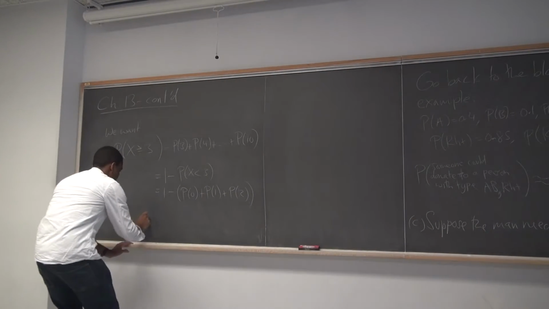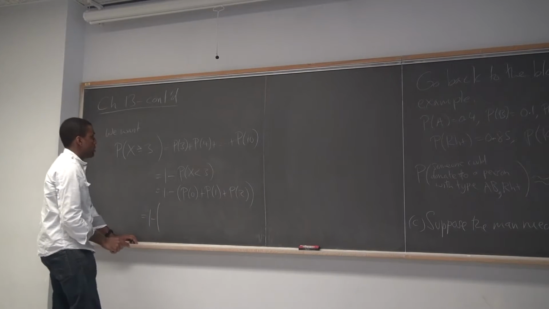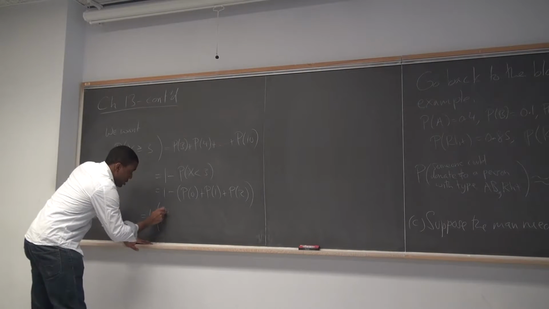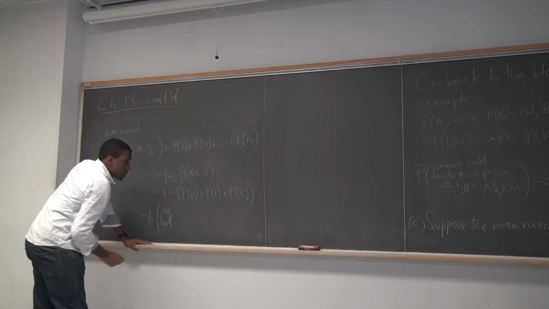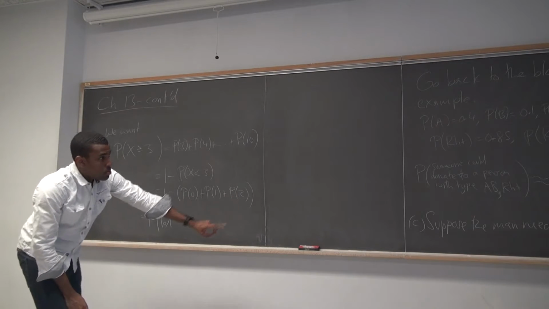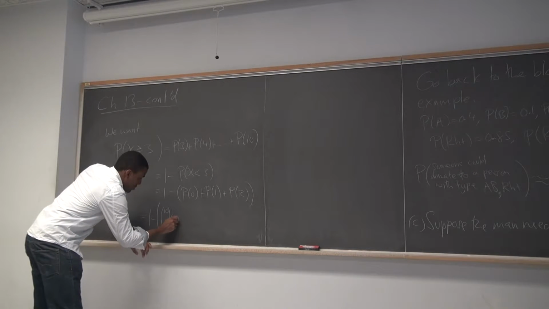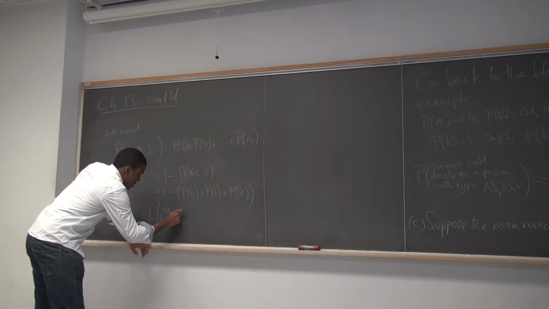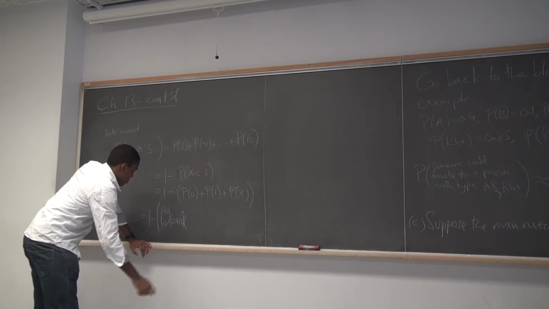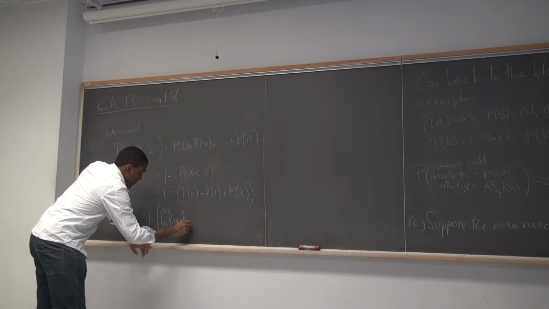So this is going to equal 1 minus the probability of 0. So it's 10 choose 0, 0.425 to the 0. What's 1 minus 0.425? 0.575. Yeah.